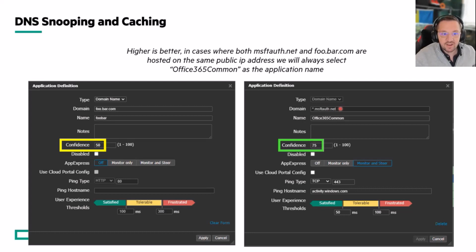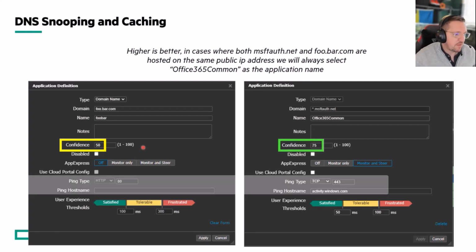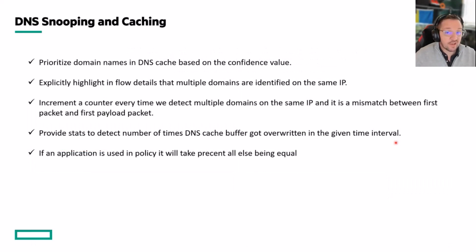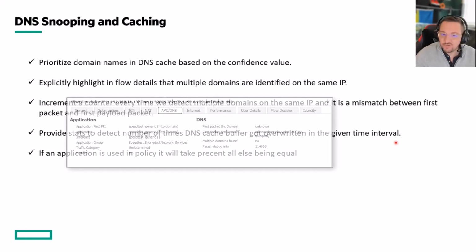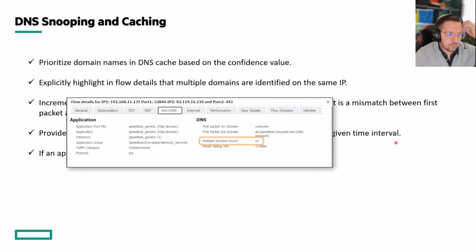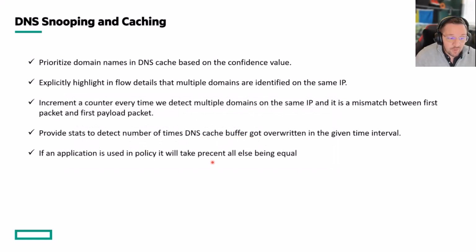It breaks the tie. It breaks the ambiguity. There are several extra things we did here. So number one, prioritizing domain names in the DNS cache based on confidence value, the thing I've been talking about. We did that. We also will highlight in the flow details when there are multiple domains associated with the single IP. If an application is used in policy, it will take precedence automatically.